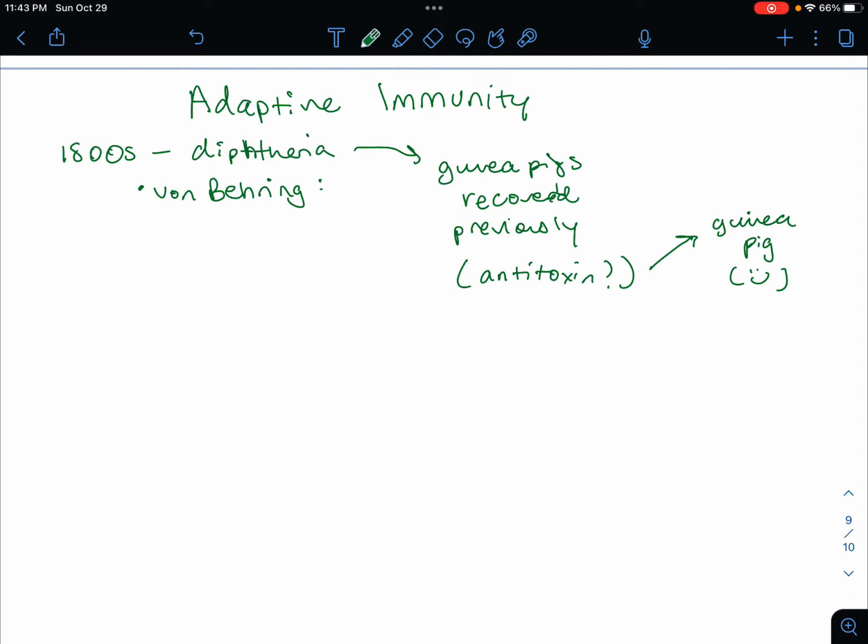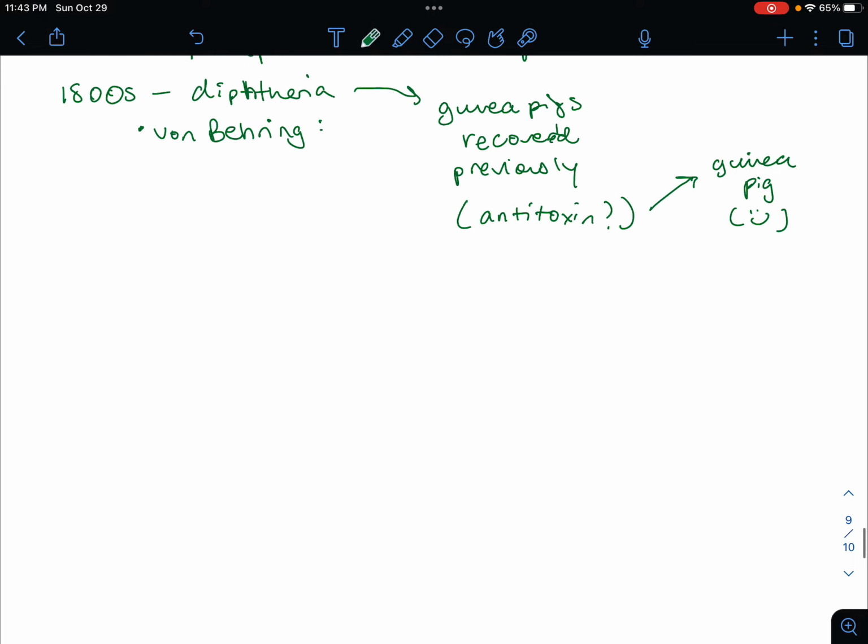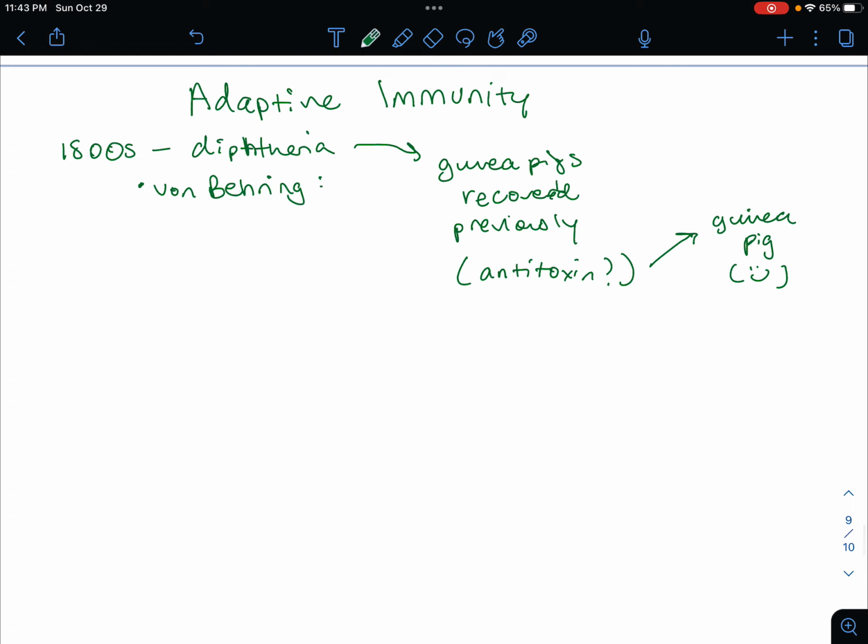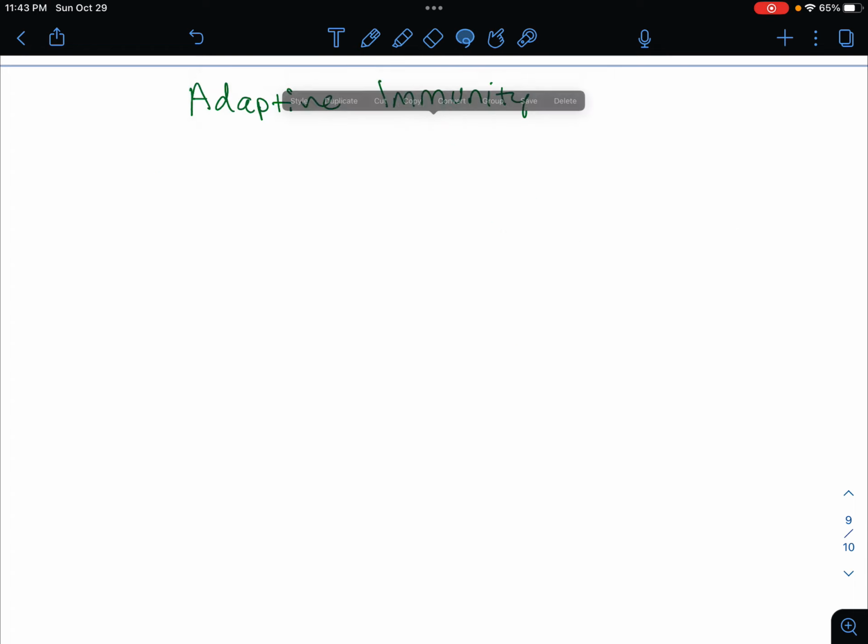So he wins the Nobel Prize in Medicine in 1901. So there's a bit of recognition from the body. There's an antitoxin maybe involved, and whenever you introduce that same toxin or same pathogen again, the body is able to fight it off. Alright, so let's get into the adaptive immune system.